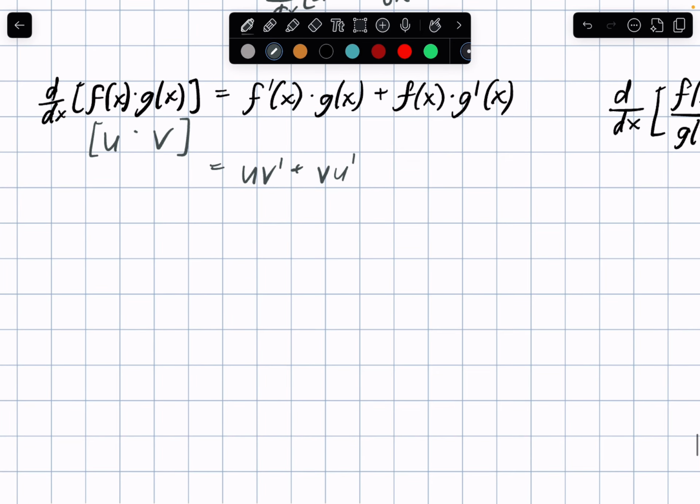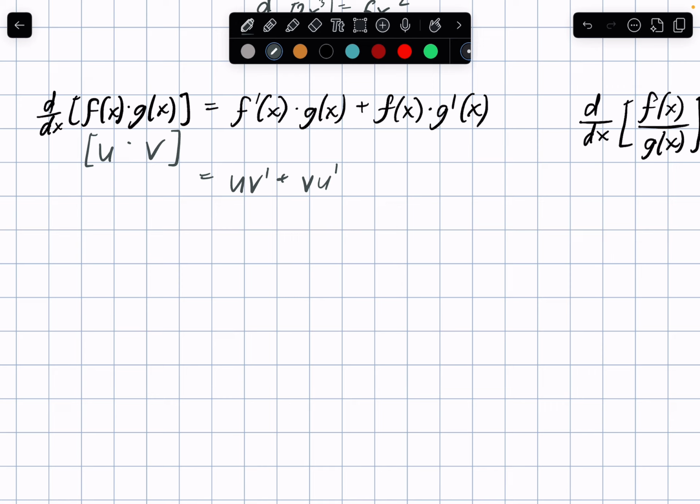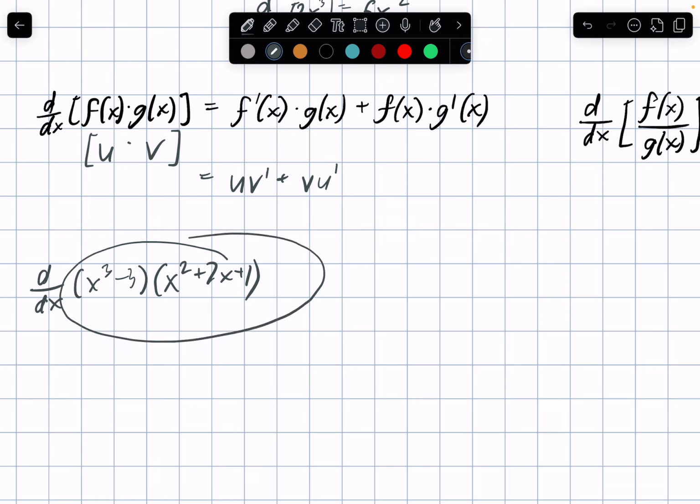Let's have an example on product rule. Okay. So essentially, personally, you don't need the product rule for this.